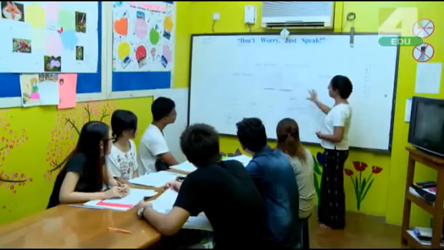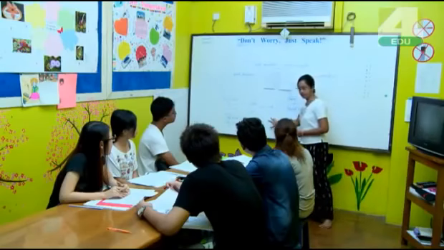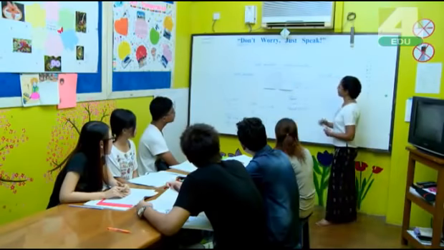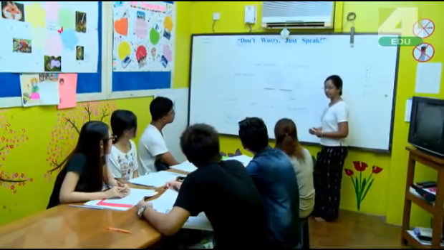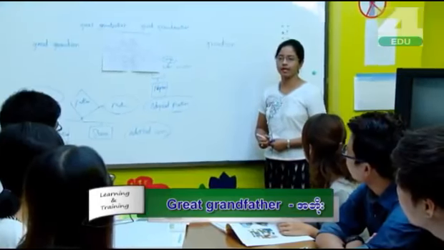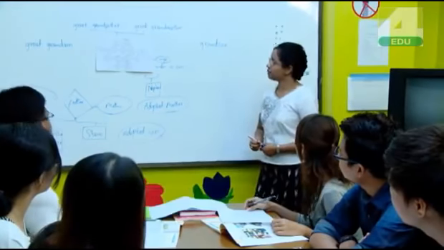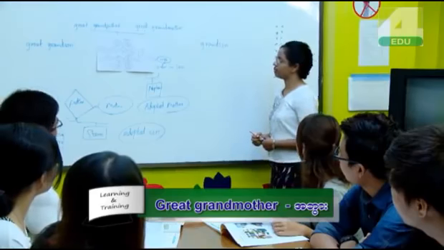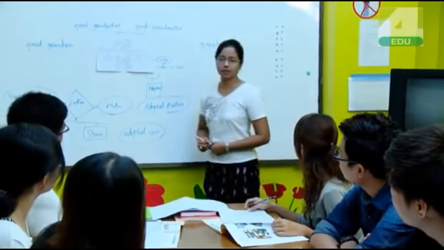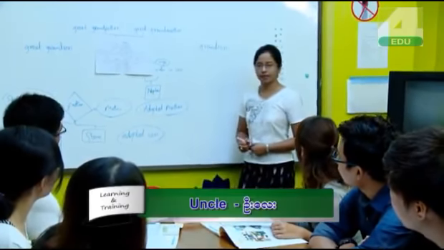So now let me tell you back again. Okay. So today you have learned about a lot of words for family. Yes. So let me ask you back again. So Steve's father's father is Steve's great grandfather. Steve's grandfather's mother is Steve's grandmother. Steve's brother is Steve's uncle.